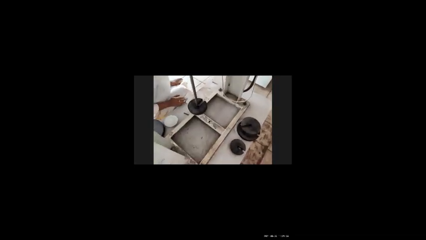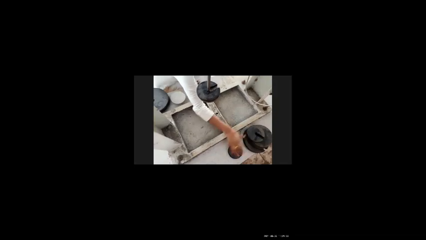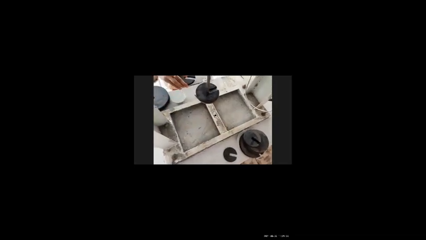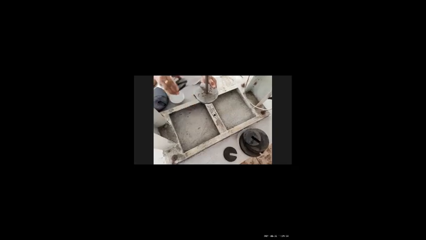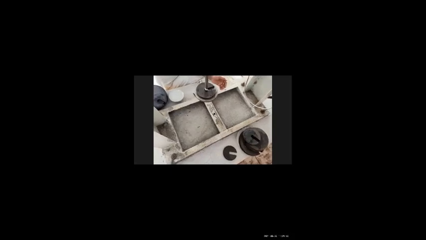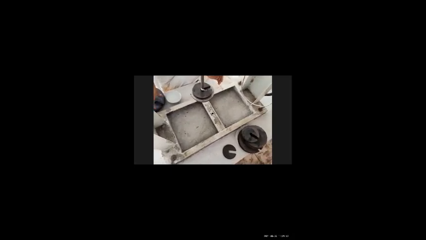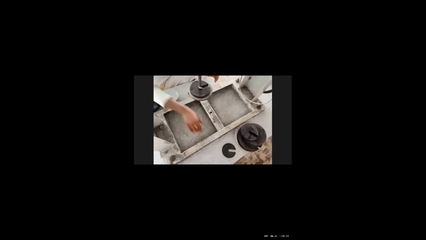First we apply a small weight of 0.5 kg and check the reading on both dial gauges and the proving ring. Note down the reading. Then again increase the weight.